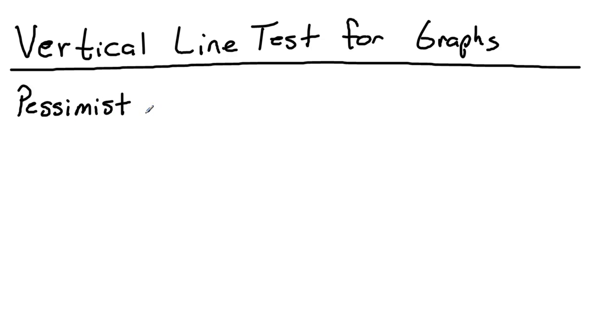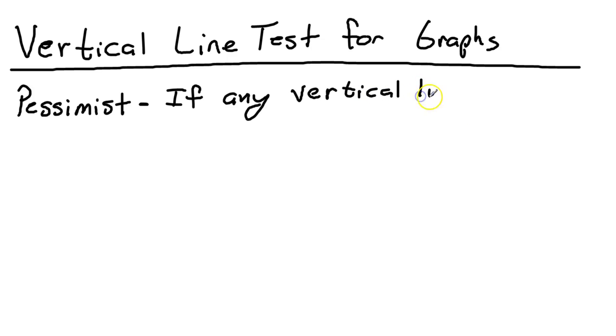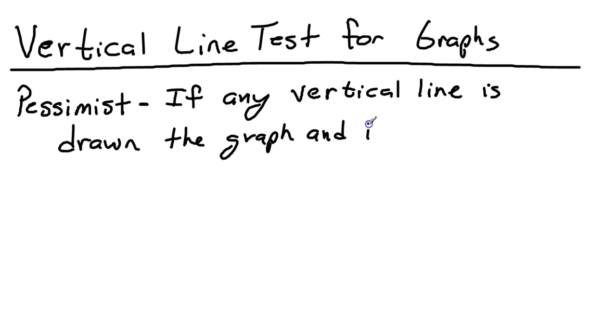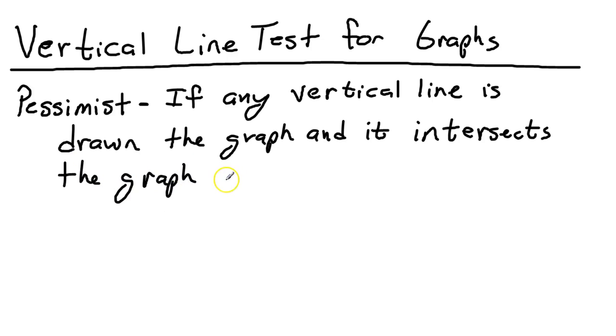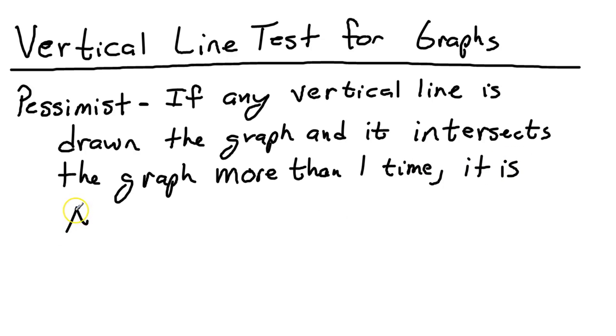If you want to look at it from the pessimist side, say it this way: if any vertical line is drawn through the graph and it intersects the graph more than one time, then it's not a function.